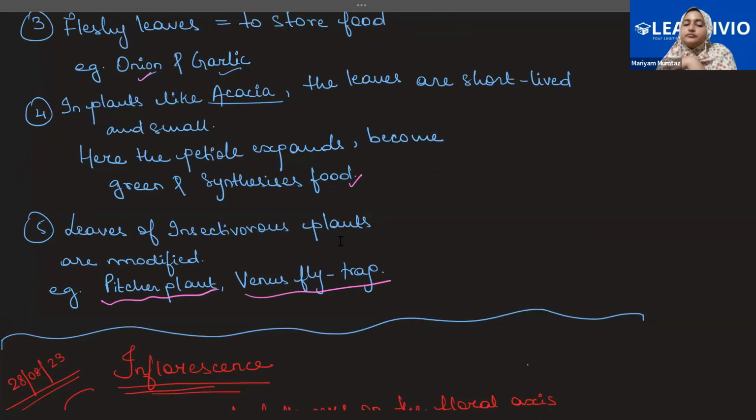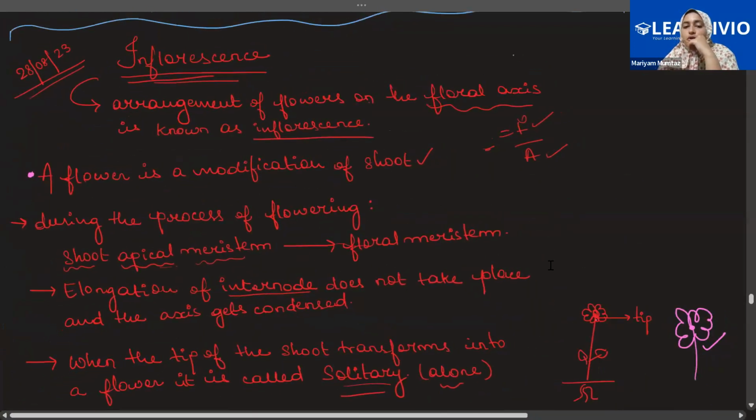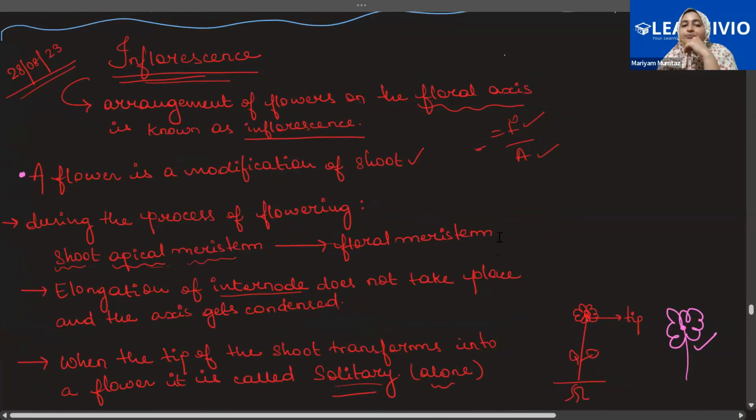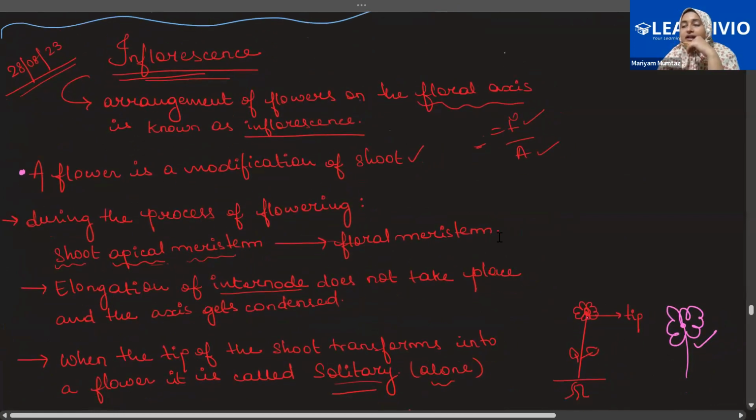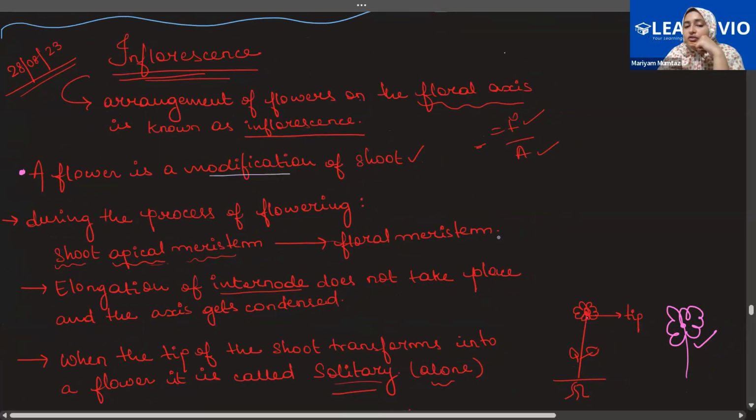So today we're going to talk about inflorescence. What is inflorescence? Just like how the arrangement of leaves was known as phyllotaxy, now the arrangement of flowers on the stem or on the floral axis will be called inflorescence. Meaning, a flower is a modification of shoot.